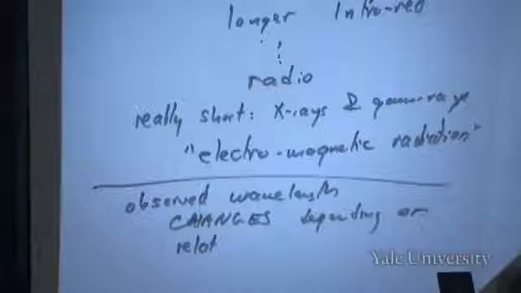And the key to the Doppler shift is that the observed wavelength changes depending on the relative motion of the thing emitting the light and the observer.